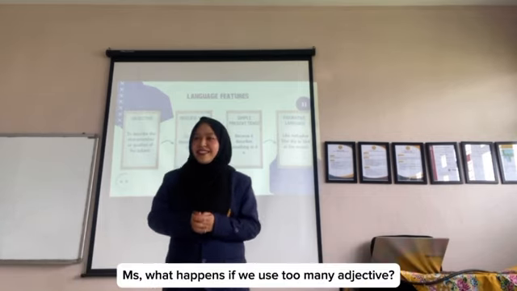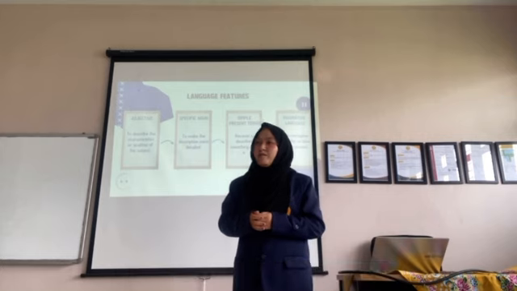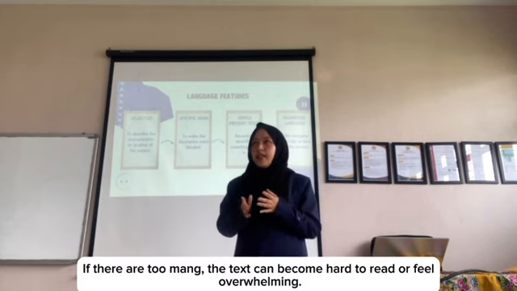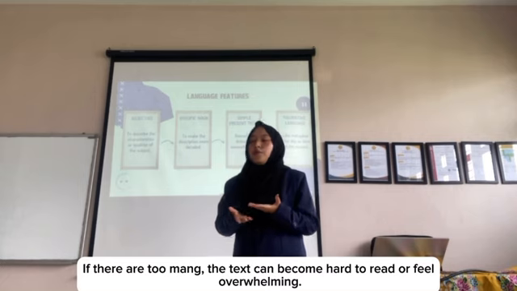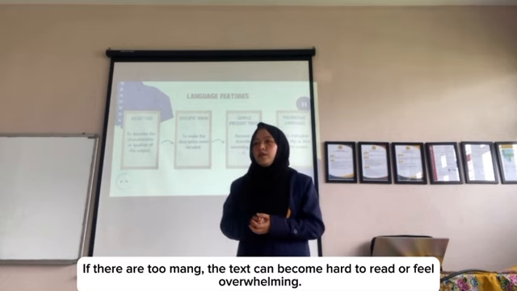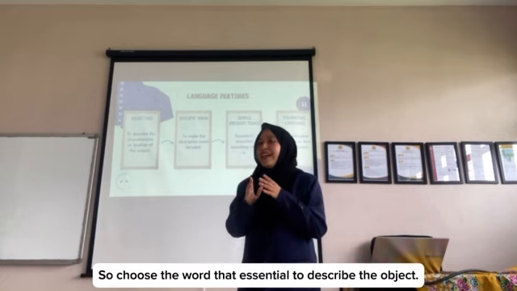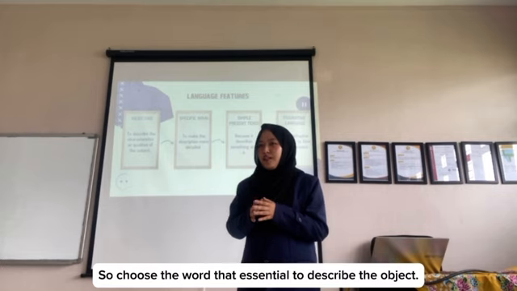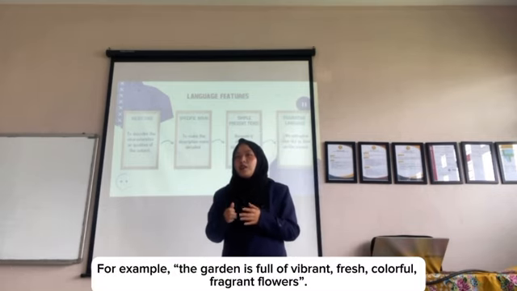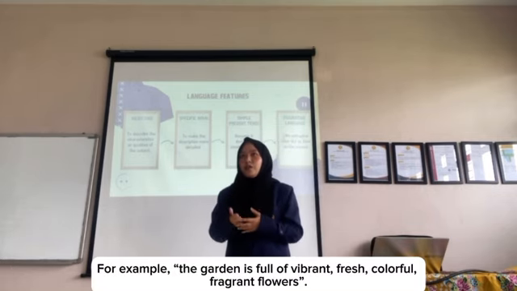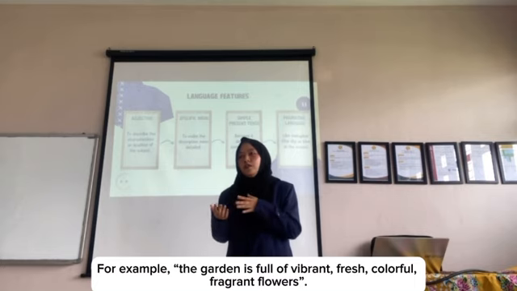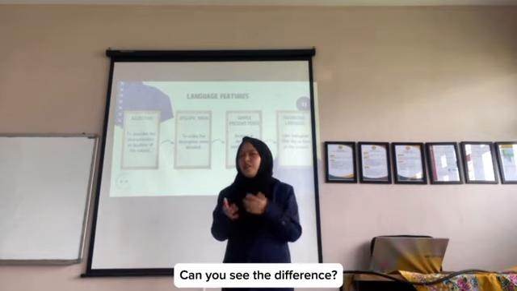Miss, what happens if we use too many adjectives? If there are too many, the text can become hard to read or feel overwhelming. So choose the words that are essential to describe the object. For example, the garden is full of vibrant, fresh, colorful, fragrant flowers. Can you see the difference?